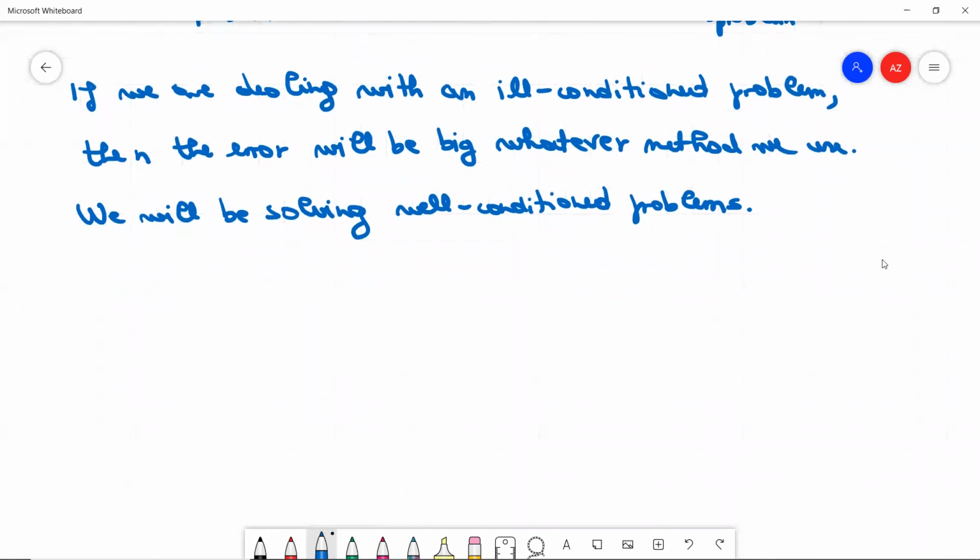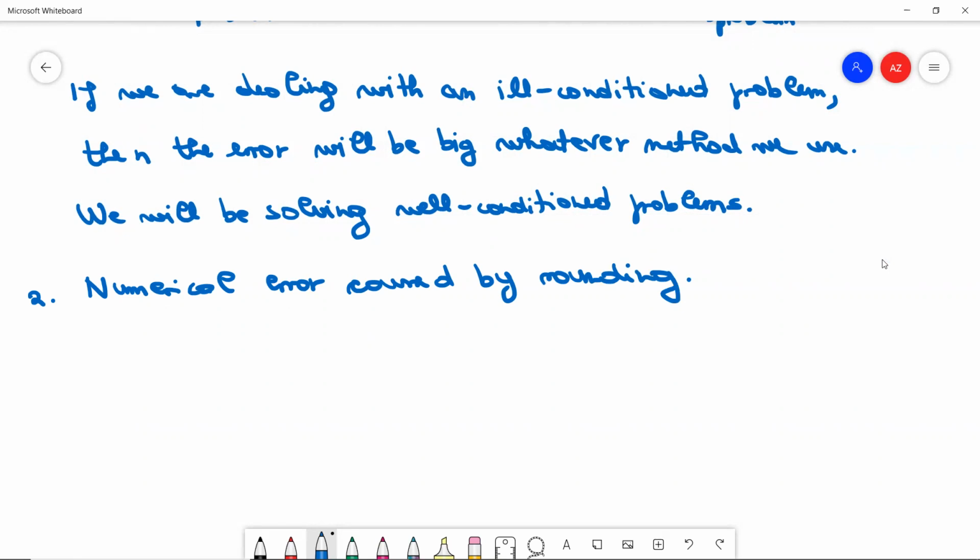And then the second type. The second type is numerical error, caused by rounding. So there are two ways to deal with this numerical error.